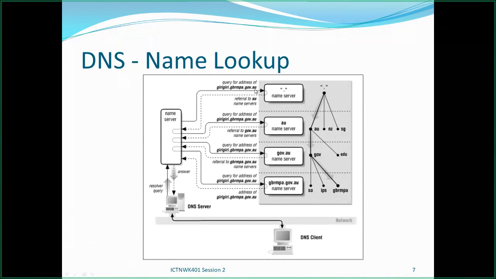So the primary name server will then refer it to the AU name server, which will have all the entries that are possible under AU. And the next entry is a gov, so we'll send it down to the gov AU server, and then down until it gets to a full listing of the address that you've given.